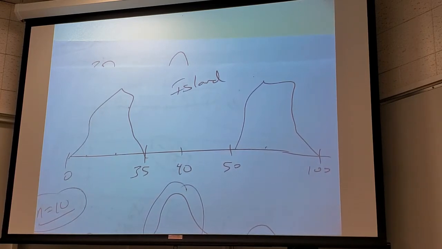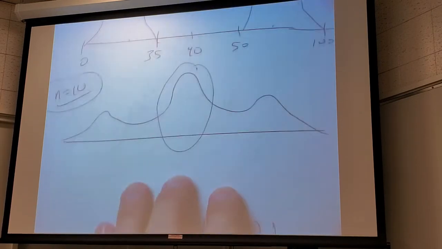Therefore, when I draw the picture that represents groups of 10, how do I make a new picture now? I take a group of 10, what's your average? Okay, and I put it down. Another group of 10, what's your average? Okay, put it down. Then I go through the island and they're all saying, there's a weird guy putting us into groups. Then the picture is going to look like this, probably.